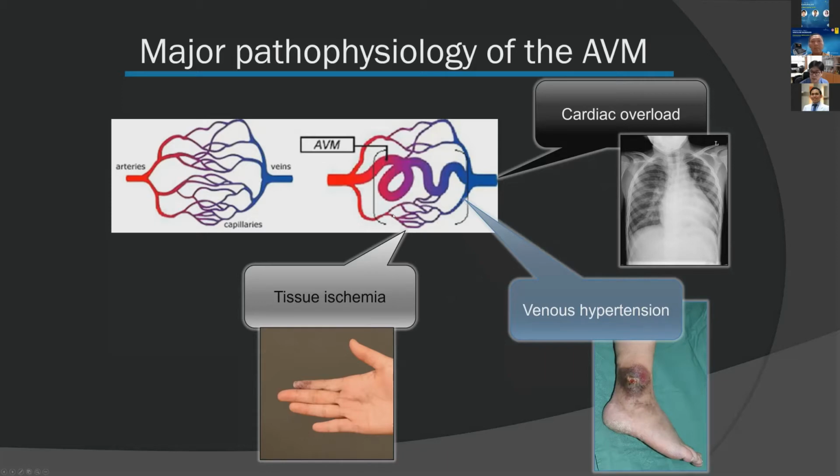So the normal draining venous system is affected by the high venous pressure, and uncontrolled venous hypertension can occur in the patient. This patient had multiple foot and leg AVM. After the treatment, the lesion was spontaneously healed.